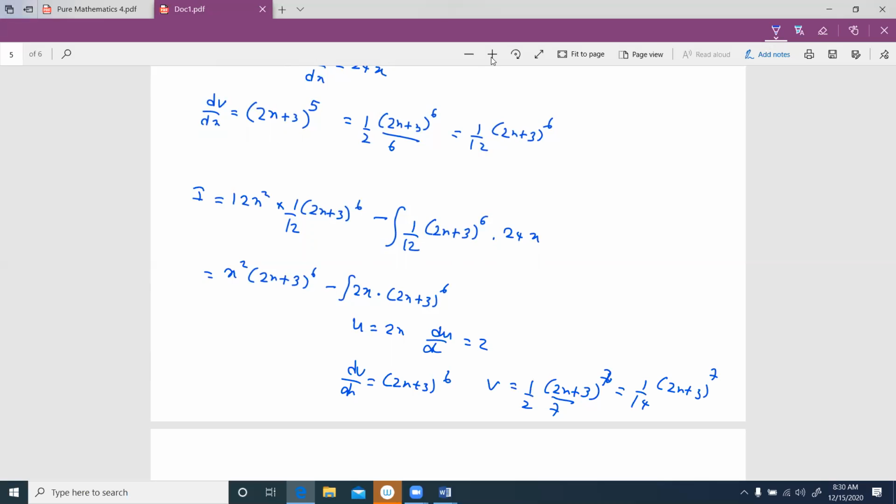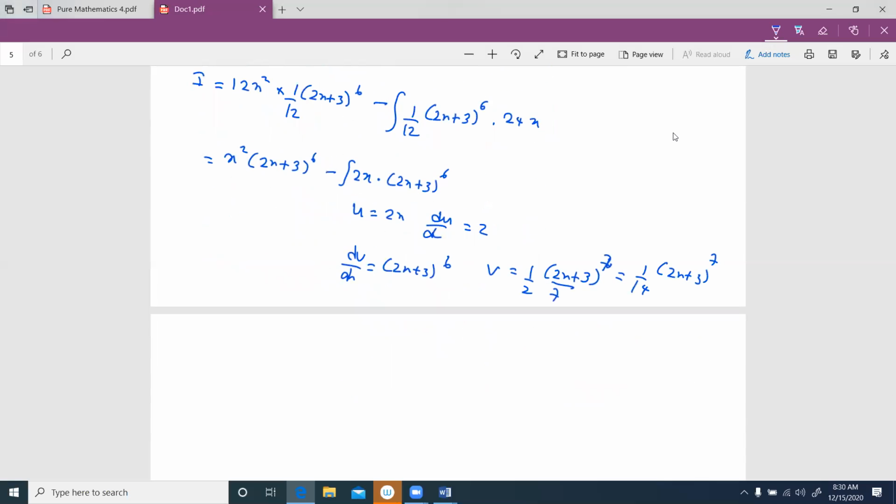Right, okay. Then, if you go down a little bit, then you can say I is equals to, from the first part of it, x squared, 2x plus 3 to the power 6 minus uv. u is 2x, v is 1 over 14, 2x plus 3 to the power 7, minus integration of v du by dx. du by dx is 2.